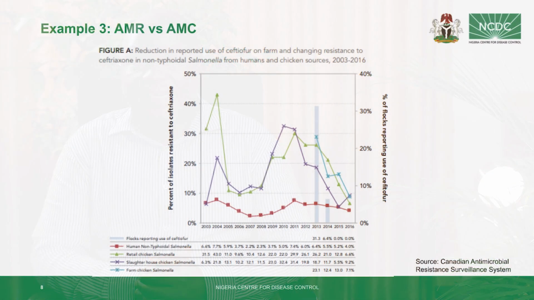Again, you can use that to compare antimicrobial resistance vis-a-vis antimicrobial consumption, because when there is overuse of antimicrobial agents, then of course we expect that there will be an increase in use of cephalosporin, which also results in increased resistance to ceftriaxone.